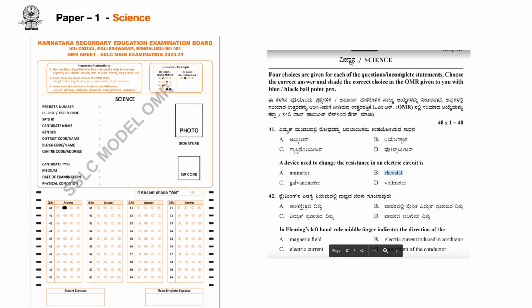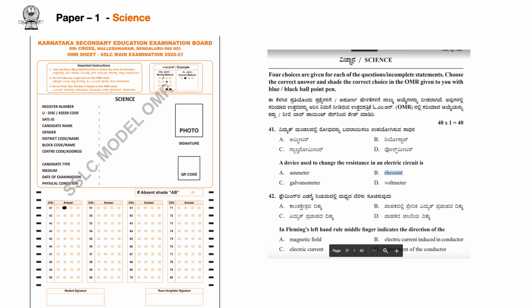Another example for science. Since science is the second subject in the first paper, and we have 1 to 40 covering the mathematics, 41 to 80 will be science. So the first question in science will be the 41st question in the overall paper.